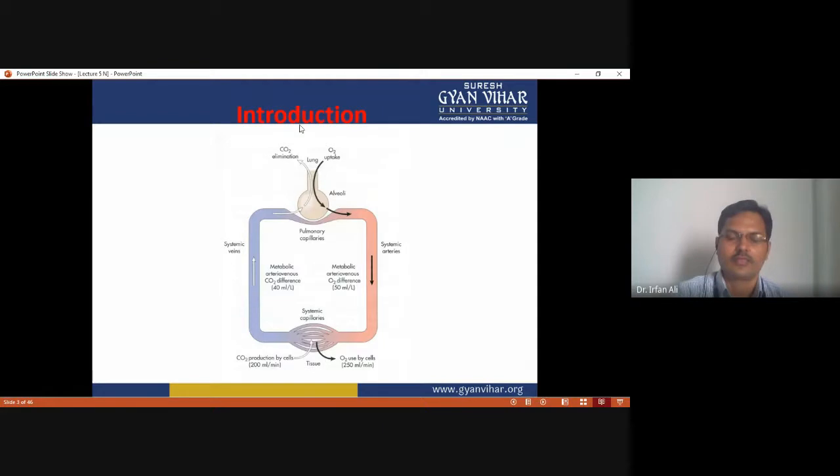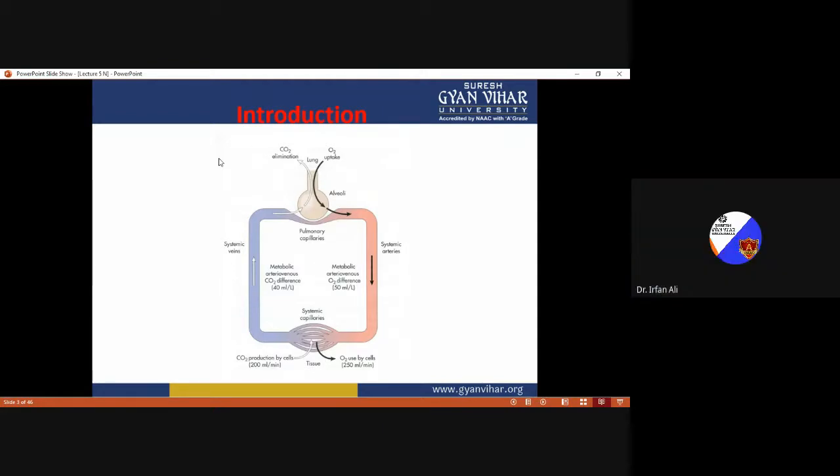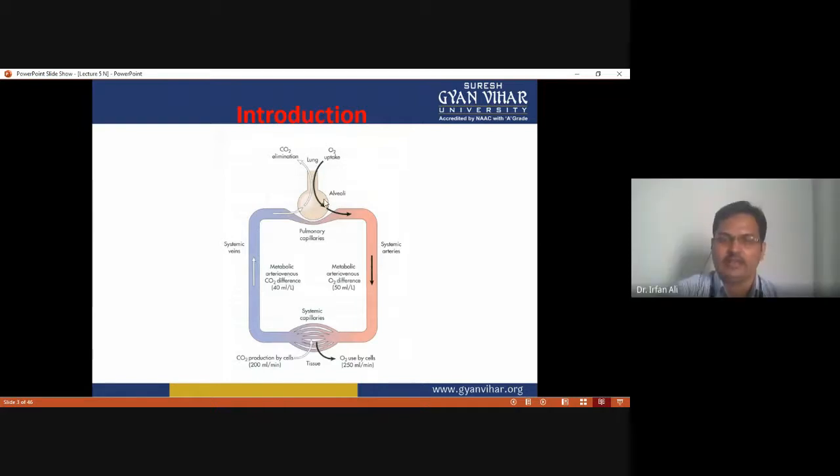This figure shows how oxygen uptake and carbon dioxide elimination take place in the body. You have to see that this is the lungs, from where oxygen uptake takes place. Through the alveoli, the oxygen enters the pulmonary capillary by diffusion, then it is transported into the systemic artery.